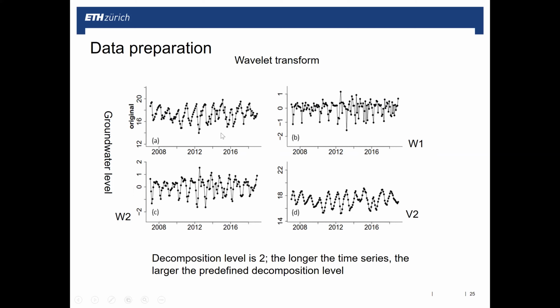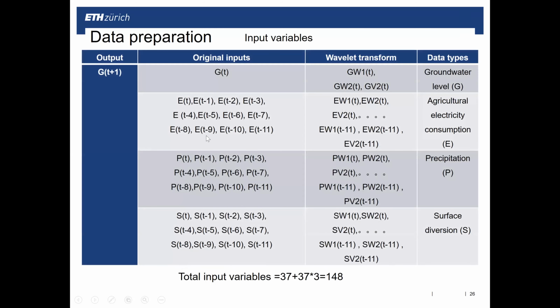Normally, the longer the time series is, the higher the decomposition level you can choose. Here, decomposition level 2 is good enough. After decomposing, each original input corresponds to 3 different transformed sub time series, and this is the same for each different data type.